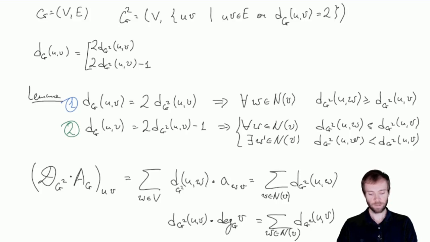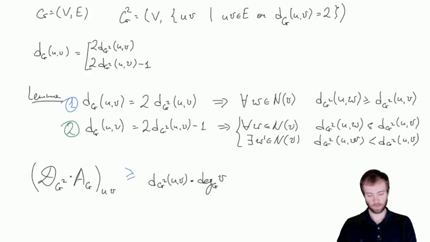So now we see that to distinguish between these two cases, we can just take the entry of the product of two matrices and then compare this entry to this number. Depending on the inequality that we have, we can reconstruct the distance between u and v in G, assuming that we know the distance between these vertices in G squared.